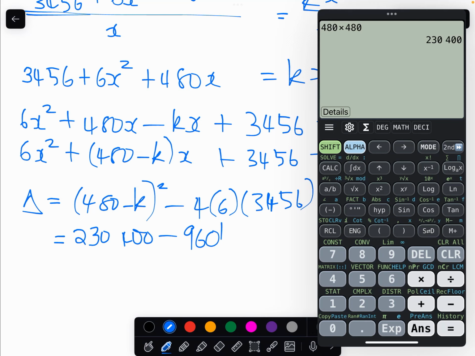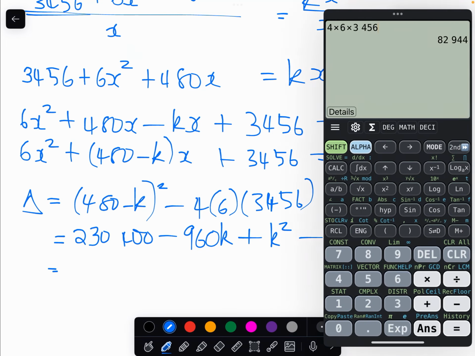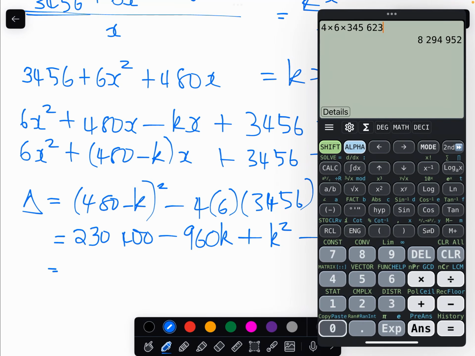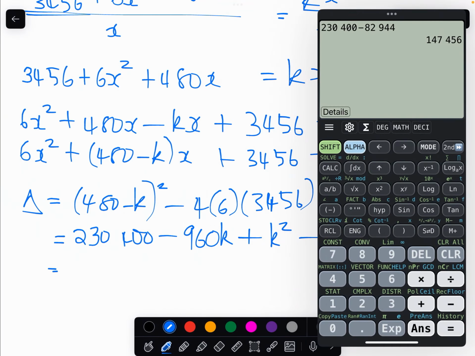That becomes 960k plus k squared, and then 4 times 6 times 3456 is 82,944. So 230,400 minus 82,944 is 147,456.